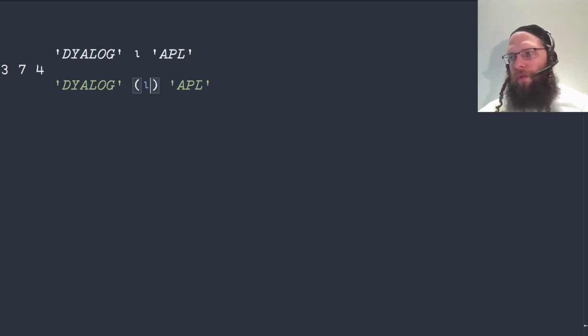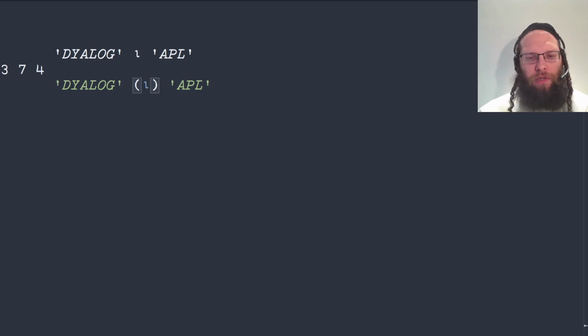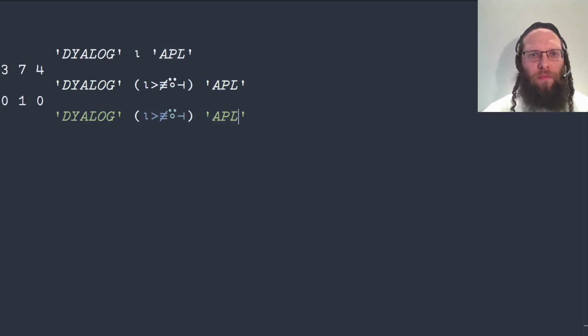So we can do this if we say that the index that we got is larger than the length of the left argument. And then we can use this to map the 7 to a 0.